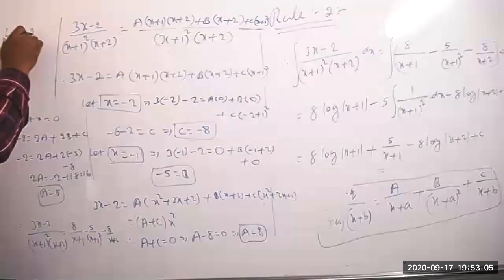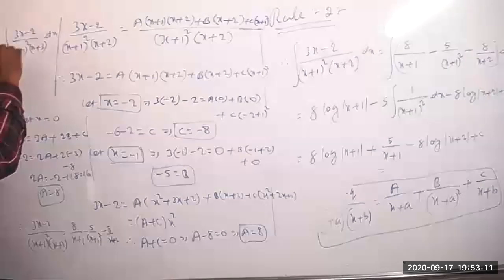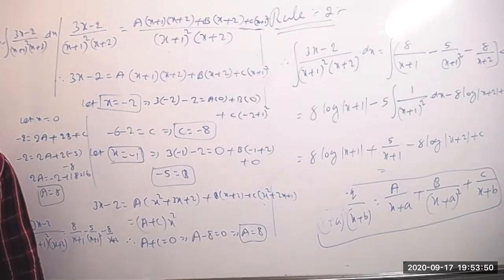Integration of (3x minus 2) by (x plus 1) whole square into (x plus 3) into dx. You can do later, not now. Completed.